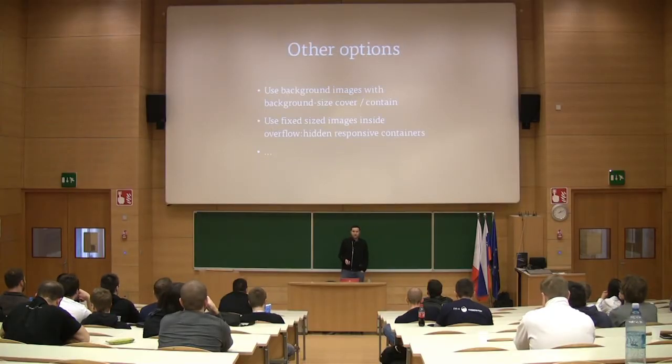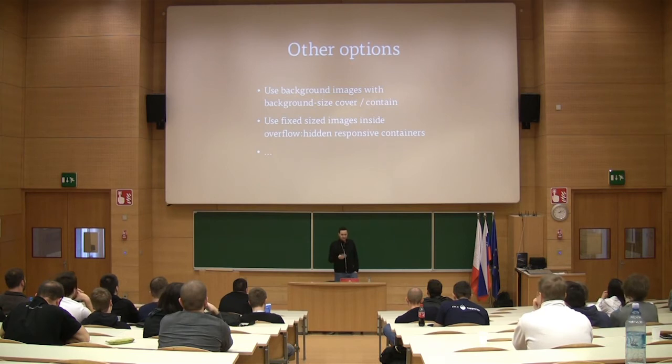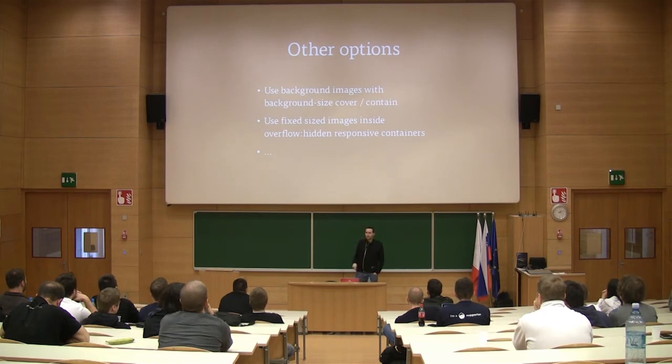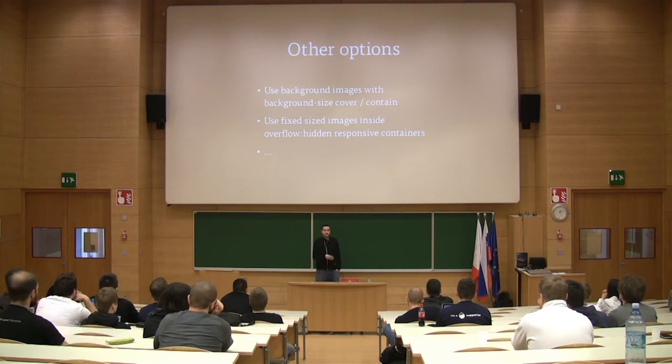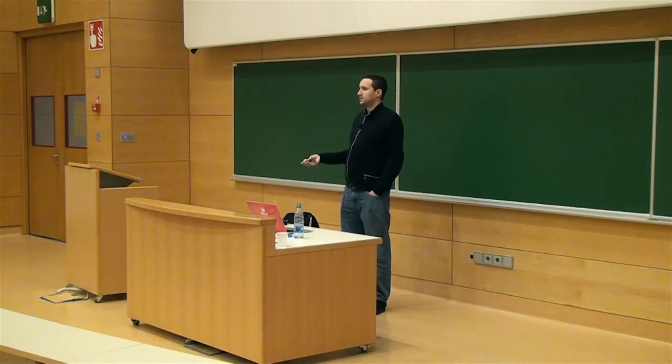The other options, as we were already saying, is using background size cover or contain. If it's really important to you that the people with the latest browsers get the feature, use Modernizr to test if it supports it, and then add the CSS later on.